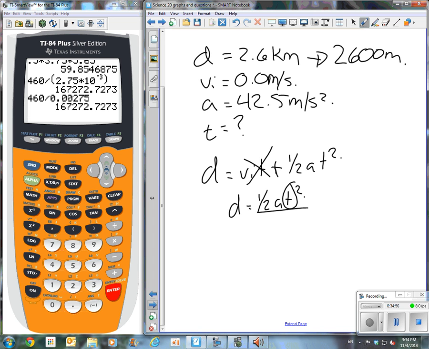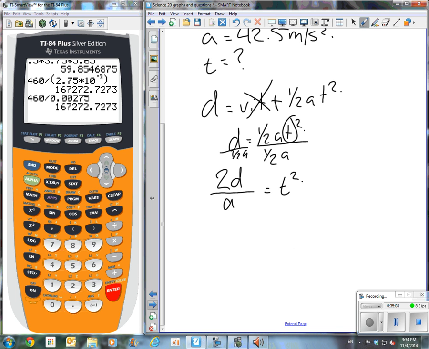I'm going to divide both sides by a half a. So this turns it into 2d all over a equals t squared. So in order to get the squared away, I do the square root of 2d all over a, which gives me my t.